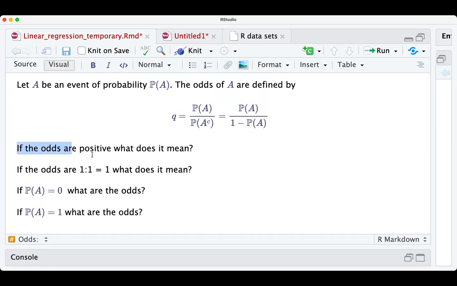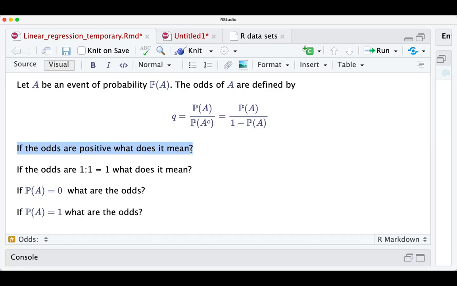The first one is probably called chance in Russian, I don't know, but it's common sense. If the odds are in your favor, what is the probability of the event?